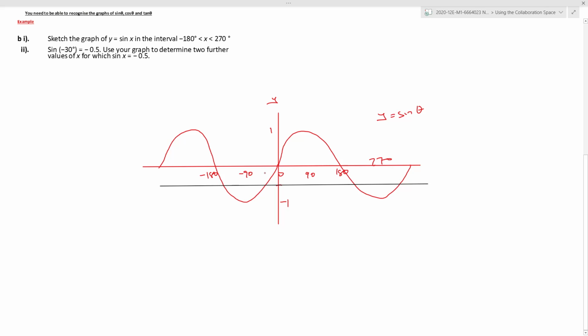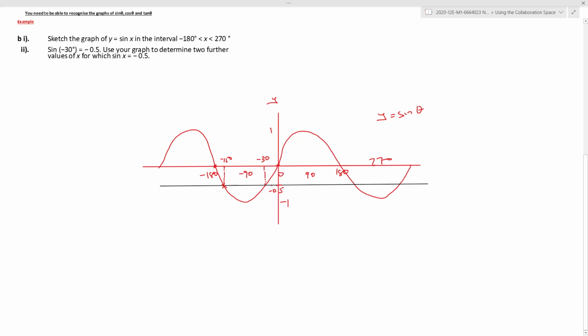So the first one that we're given, that's minus 0.5. First one we're given here is minus 30. We can see it repeats though over here. So what's that value? Well, because it's a symmetric curve, if I go from here to here is 30 degrees, which means from where it intersects the x-axis to this point is also 30. So that's 180 take away 30, so that's going to be minus 150.